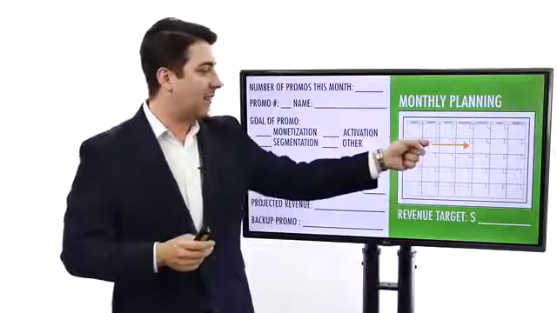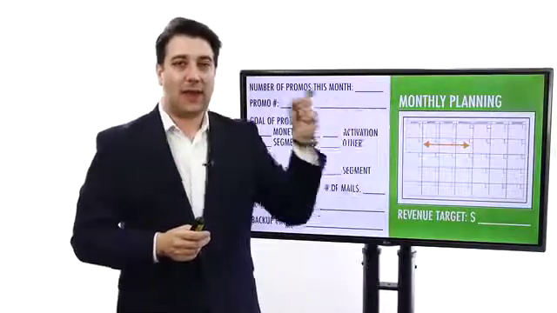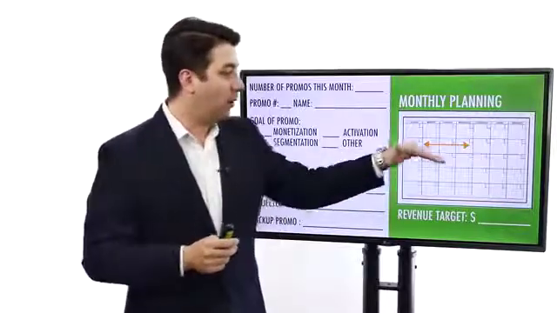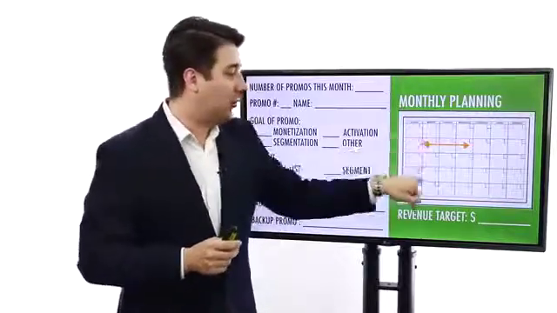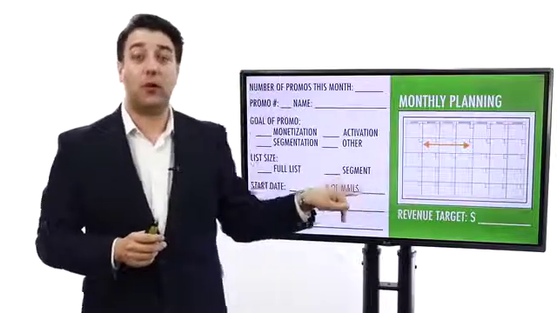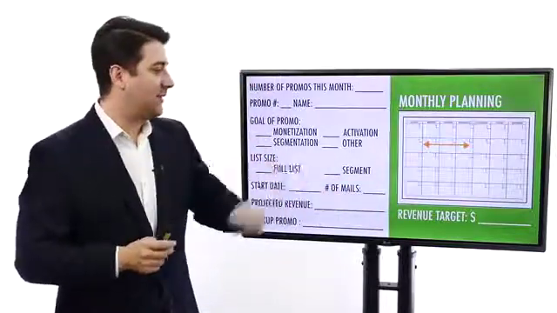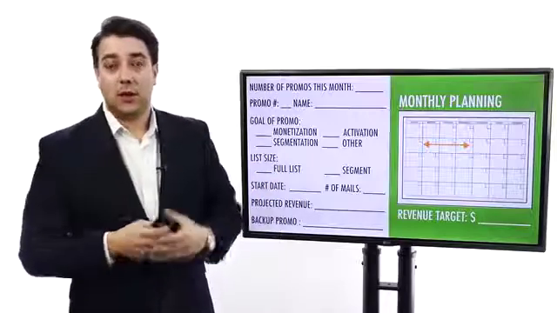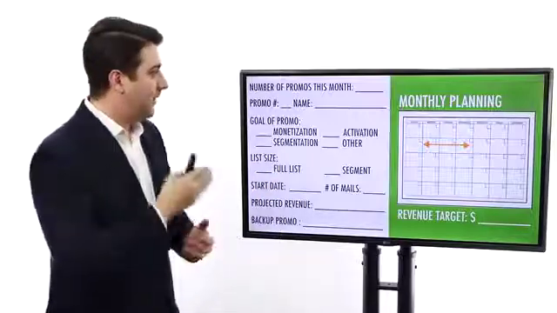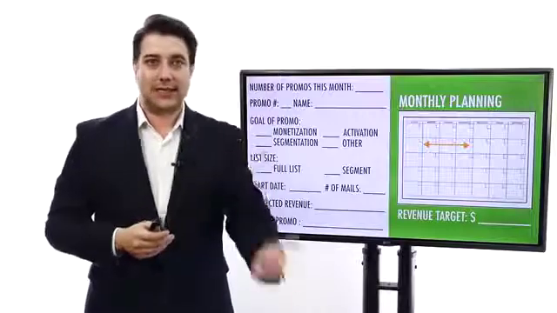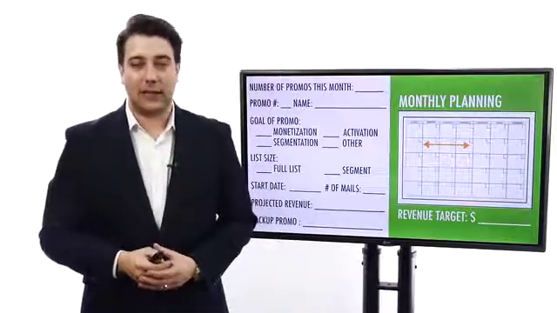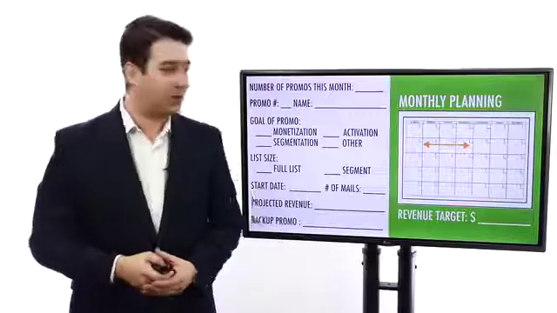Maybe I run an activation campaign because I think that if I activate more recent buyers in week 1, I'll double down and get an additional promotional push or revenue push from the monetization campaign that I'm going to hit in week 3. You have to have a backup promotion. This is the difference between consistent email marketing success and routinely falling shy of your goals.